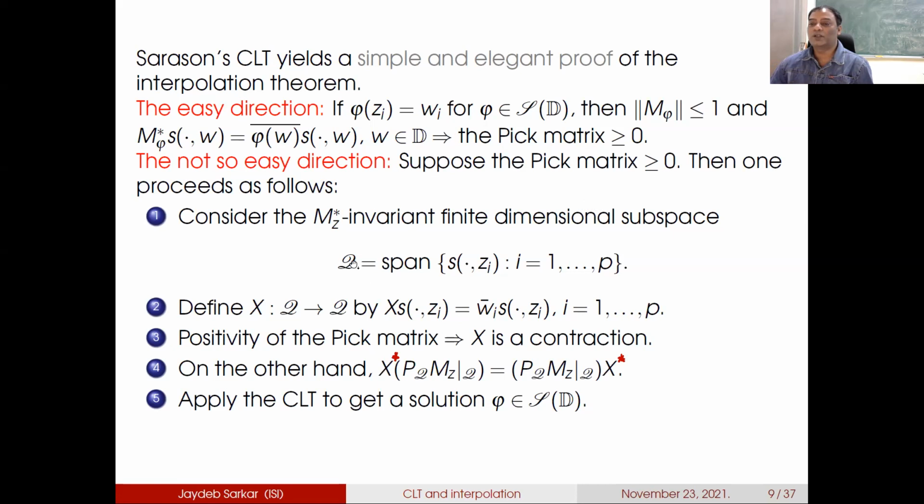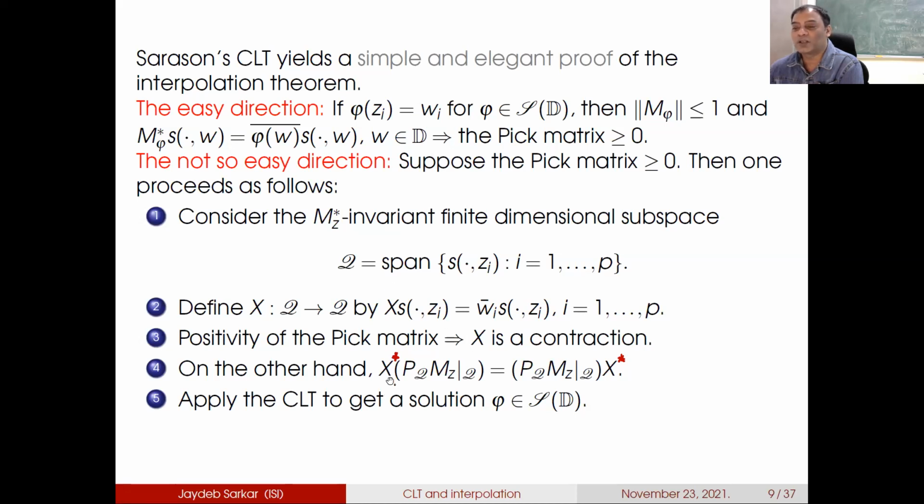You proceed as follows. Consider the M_z star invariant finite dimensional subspace Q, taking the span of S_{z_i}, where the z_i are the given nodes. It's a finite dimensional subspace, and you define X from Q to Q in the obvious way. The positivity of the Pick matrix ensures that X is a contraction.